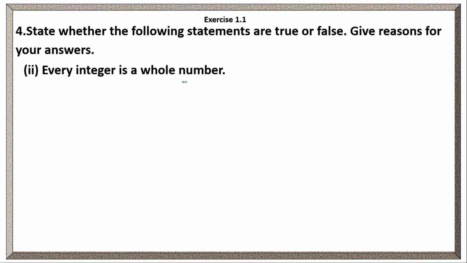Every integer is a whole number. Integer means set of negative integers, 0 and positive integers. Yes? Whole numbers means 0, 1, 2, 3 and so on. Clear?